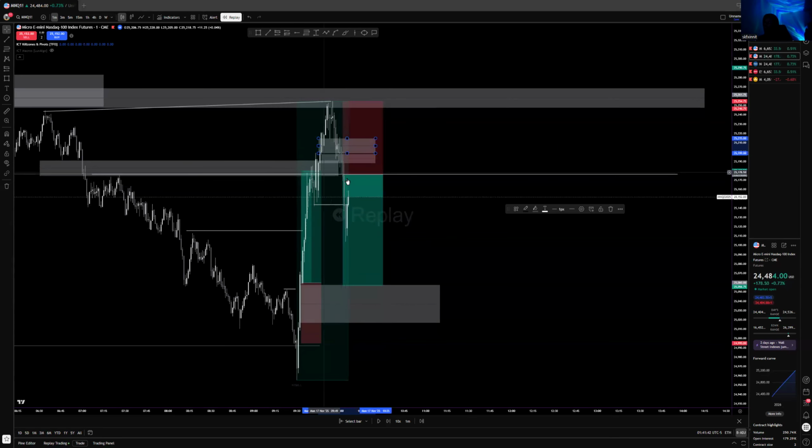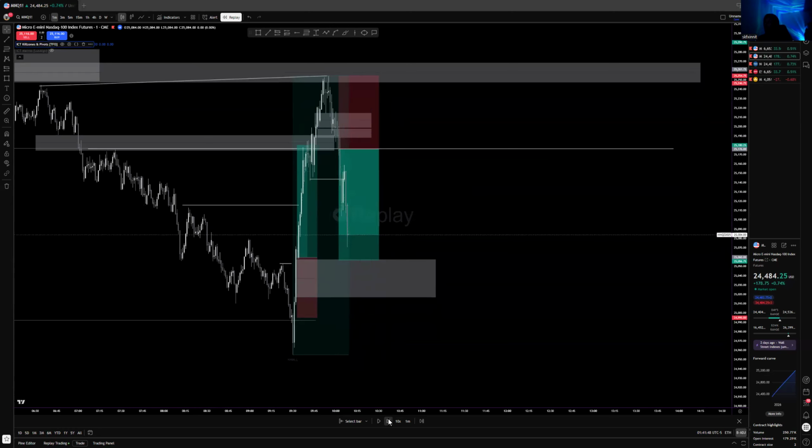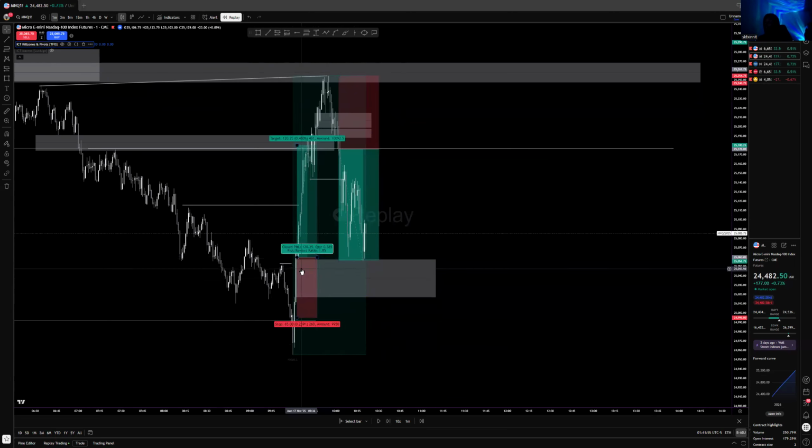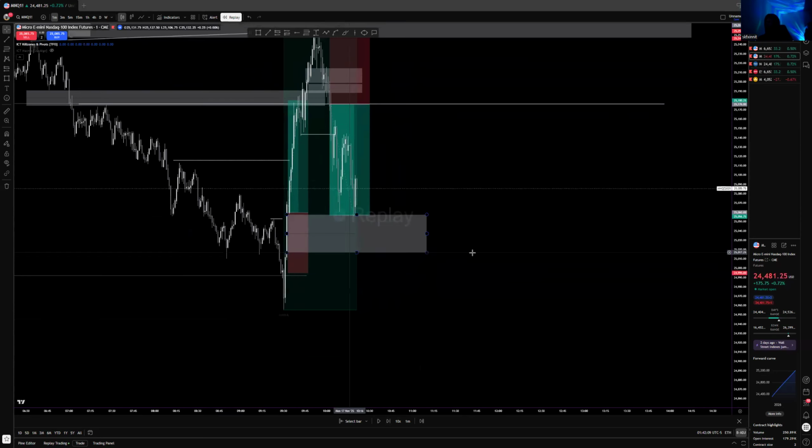We got tagged in after that inversion, and then you go break even at the break of close, and then boom, it's your take profit. The reason why I target this is because this is premium, this is discount zone, fair value gap, and this is an impulse move, so the price can respect the zone and then go up.